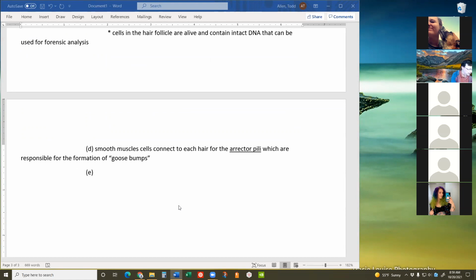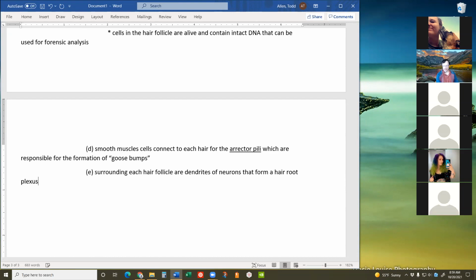It's also present in figure 5.1. Surrounding each hair follicle are dendrites of neurons that form a hair root plexus.